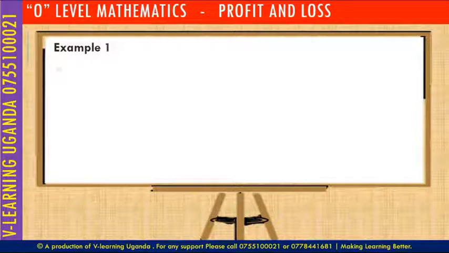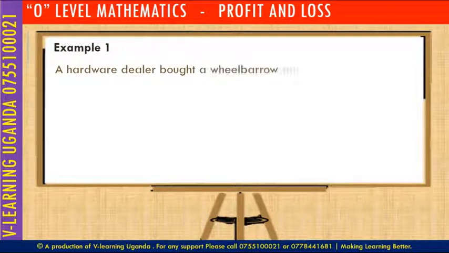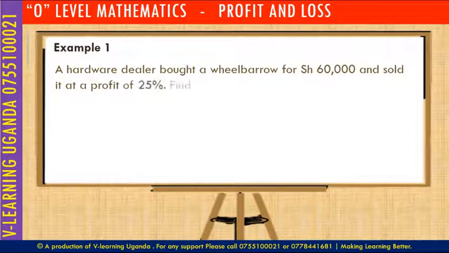Let's see our first question. A hardware dealer bought a wheelbarrow for 60,000 shillings and sold it at a profit of 25%. Find his actual profit and the selling price.